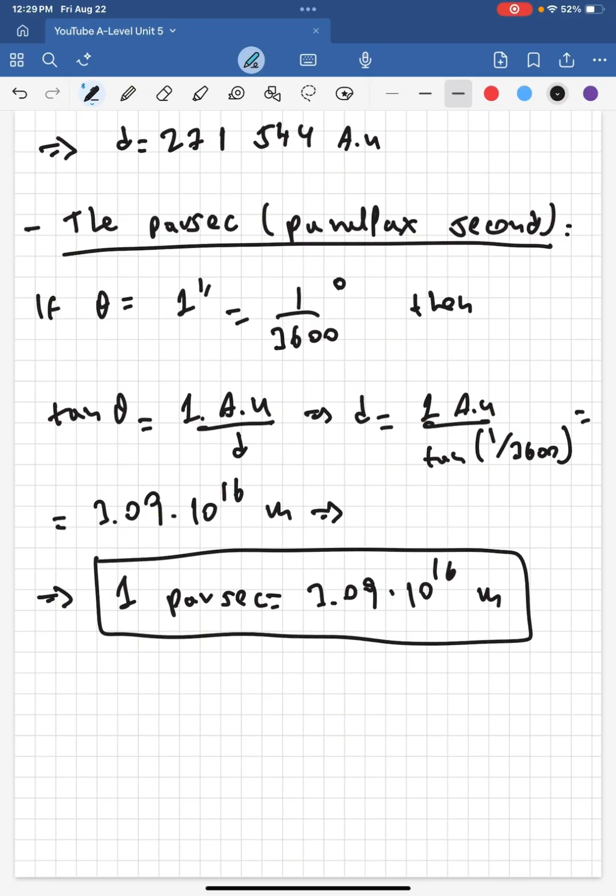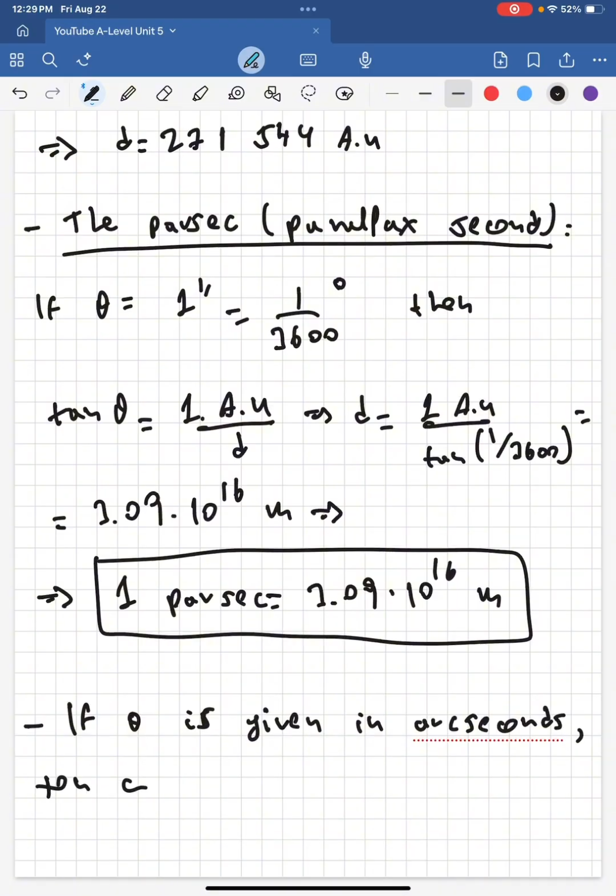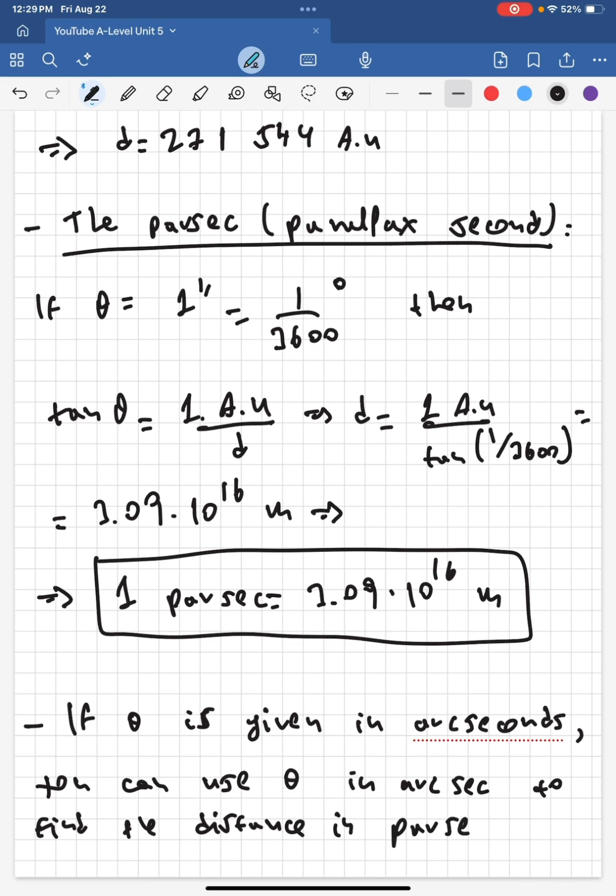All right? Now, if theta is given in arcseconds, you can use theta in arcsec to find the distance in parsec.